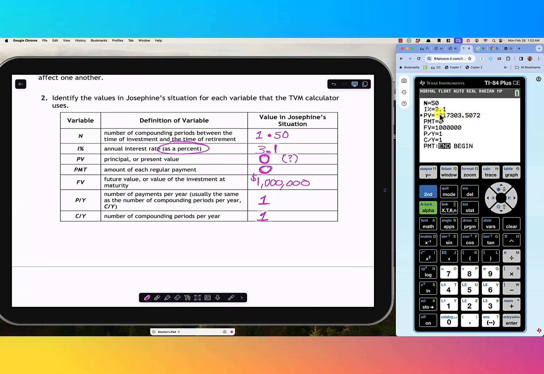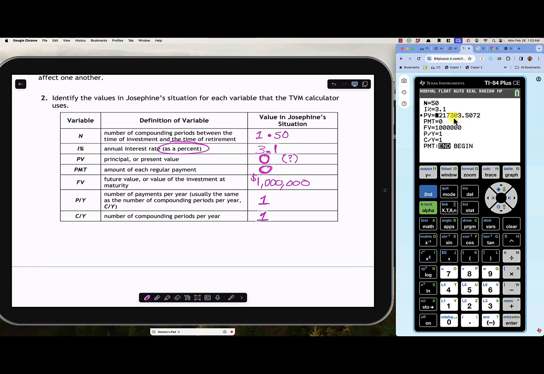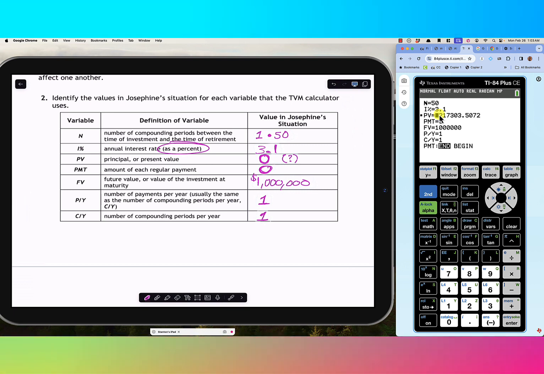It changes that 0 to negative $217,303.51. That's going to be our present value. The reason why it's negative is because it's leaving your pocket and you're putting it into a bank account.